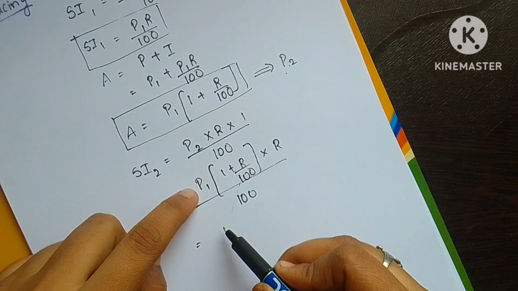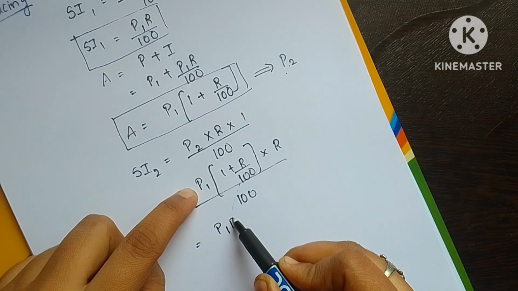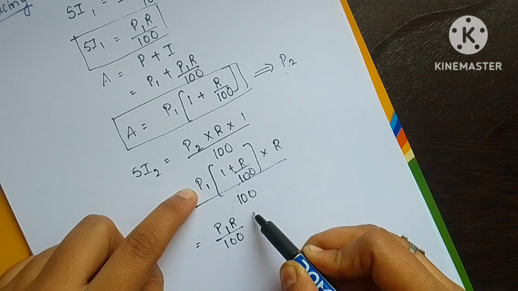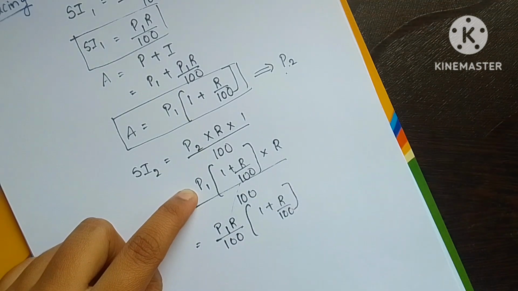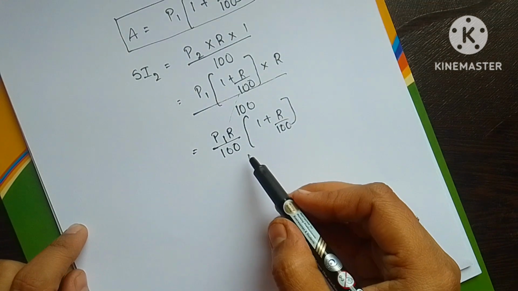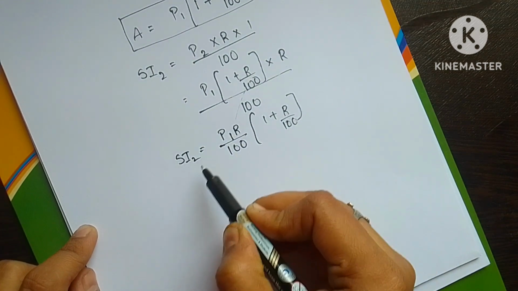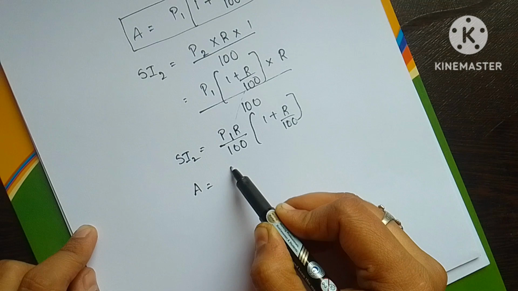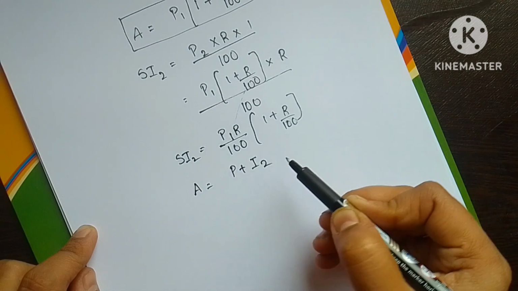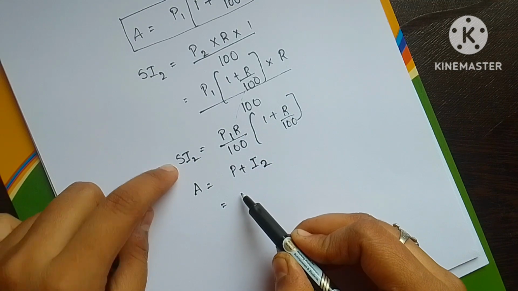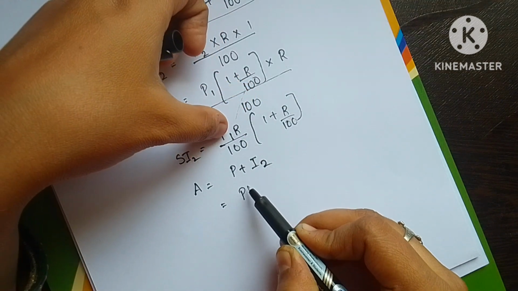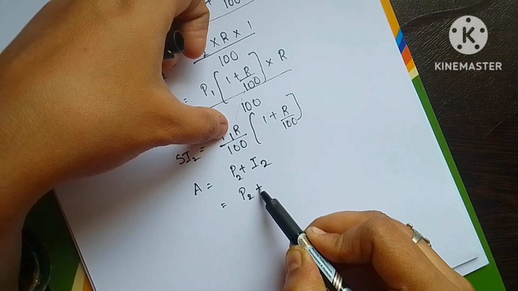So what will it become? P1 R by 100 into 1 plus R by 100. Now this is the simple interest. How can we calculate the amount? Principal plus interest. Here the interest is I2. So the principal here is P2, plus I2.